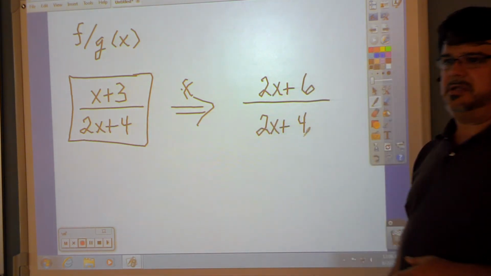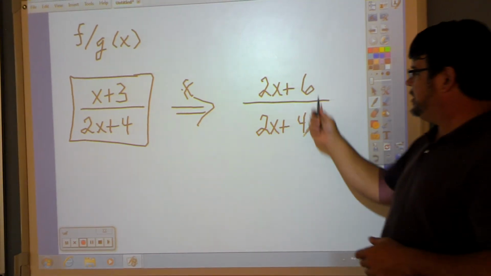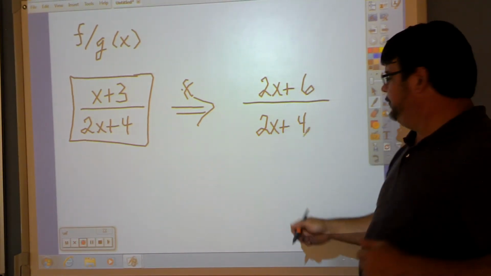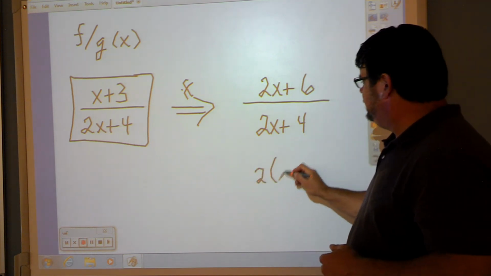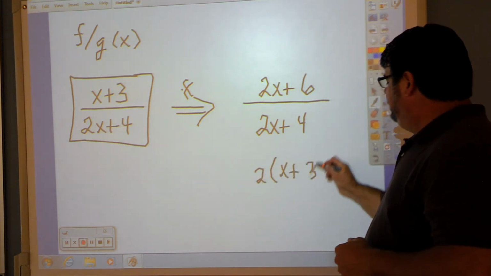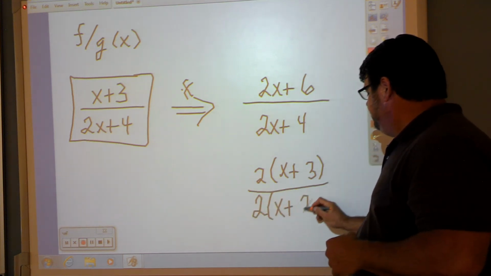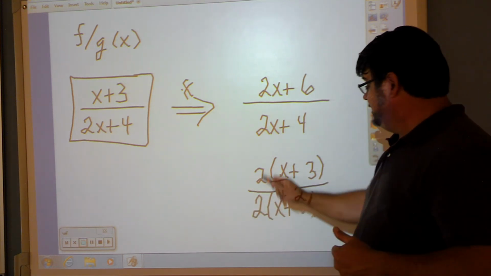Is there a common factor that you can factor out? Yes, 2. And that'd be 2 times x plus 3 over 2 times x plus 2. And what can happen now?